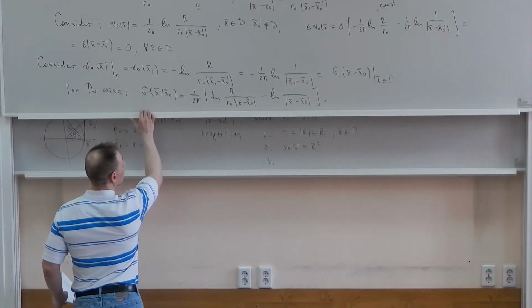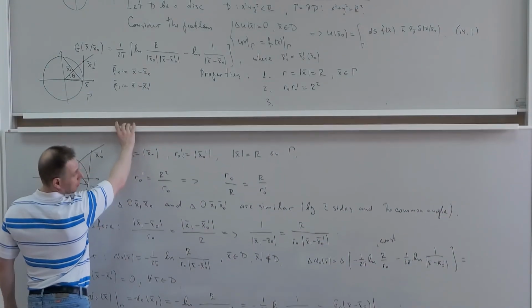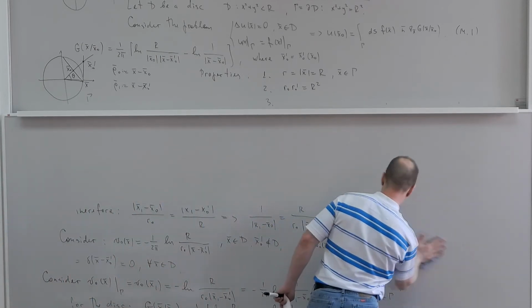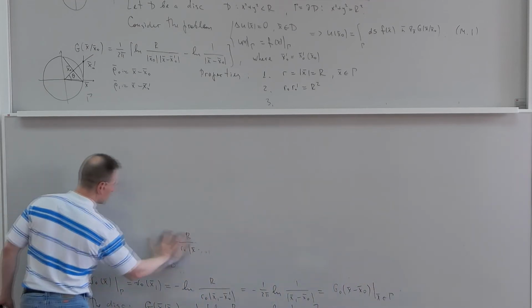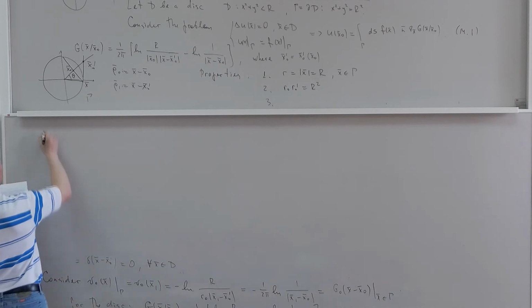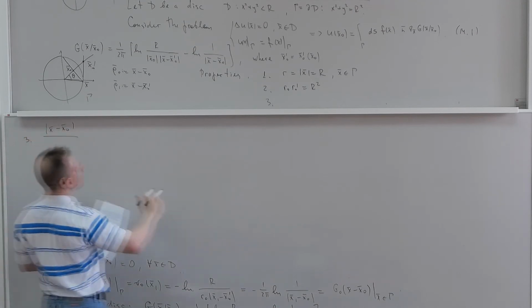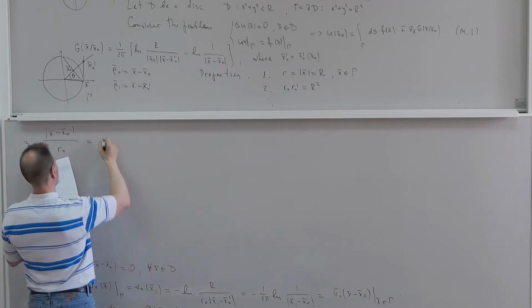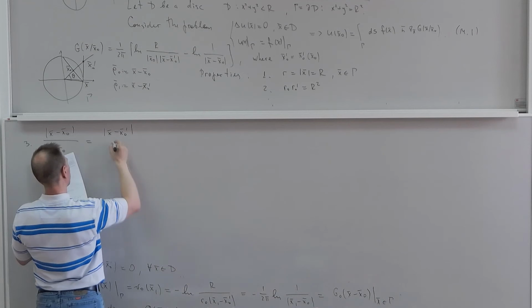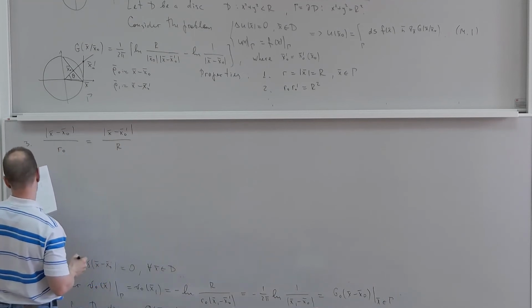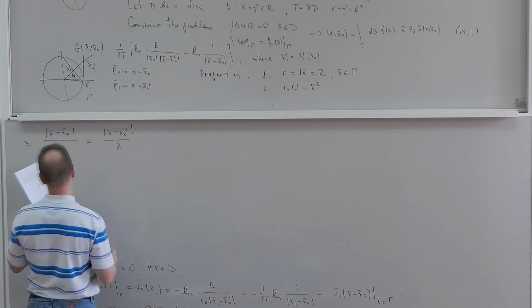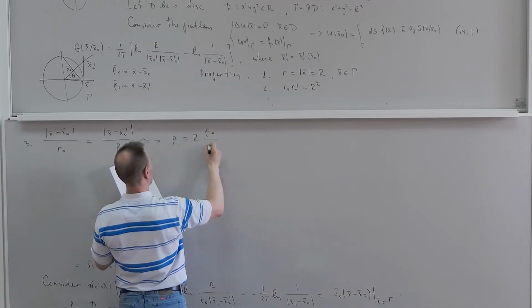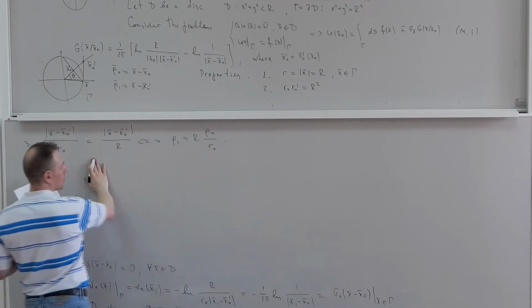Good. By using the definitions of rho 0 and rho 1, this can be written in such a form. Let us prove this relation.